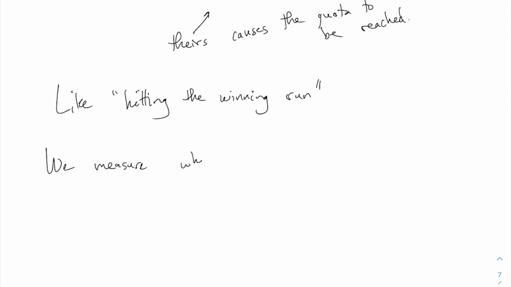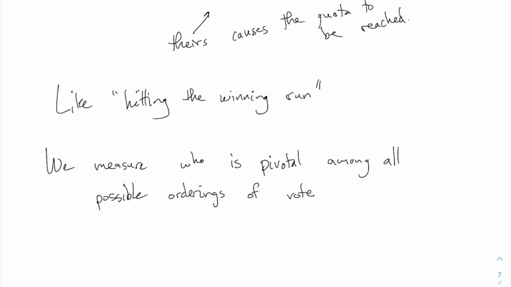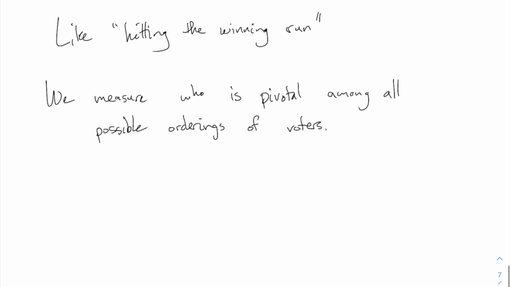We measure who is pivotal among all possible orderings of the voters. This is because in reality the voters don't necessarily vote in any particular order.